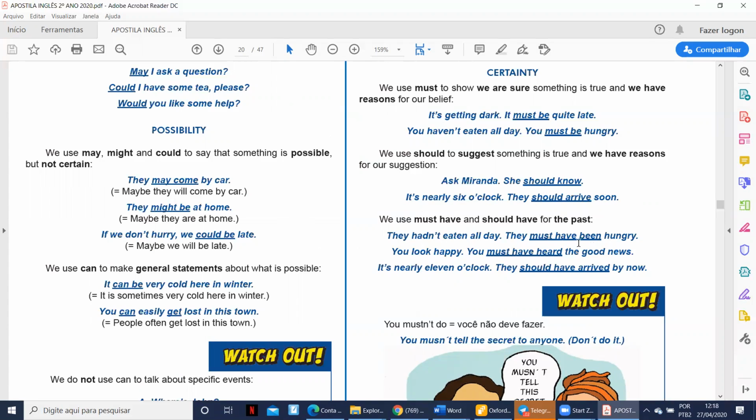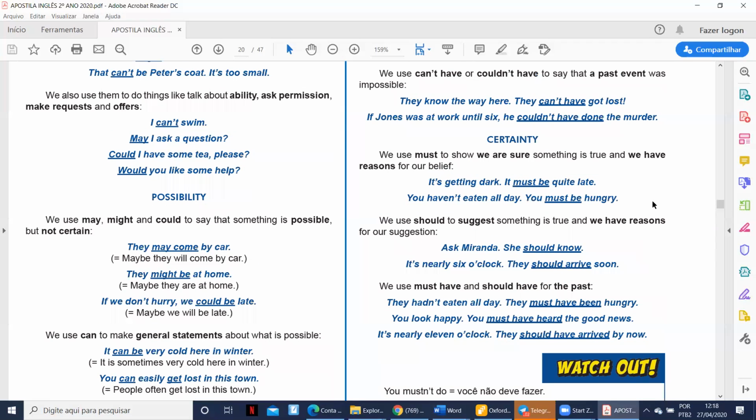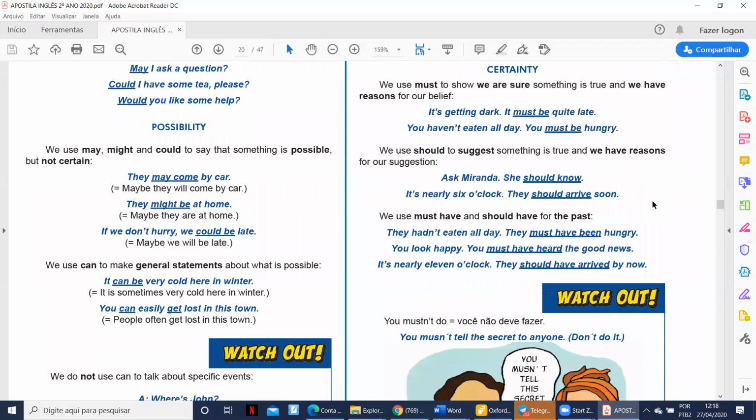So, past participle. If we compare this example to this one here, you haven't eaten all day. It's about the present. So you must be hungry. Now, they hadn't eaten all day. It's about the past. So they must have been hungry. Okay?